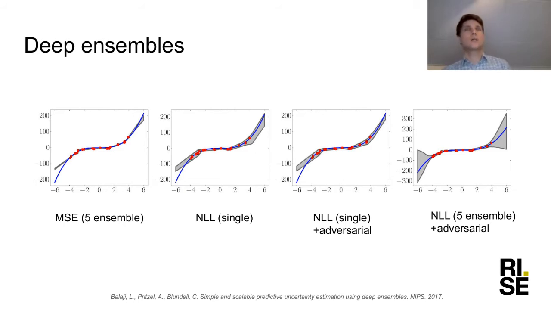Okay, so this paper also proposed an adversarial training of these that helped a little bit, and then together with ensembling and this negative log likelihood that gives you this mean and variance output, you get a much better estimate of the uncertainty. And this is actually an estimate of the epistemic uncertainty that we talked about before.